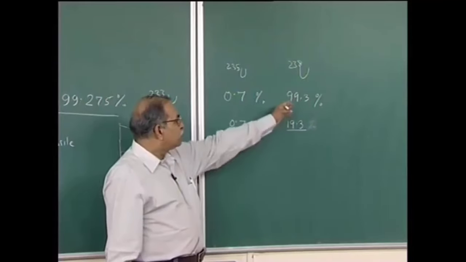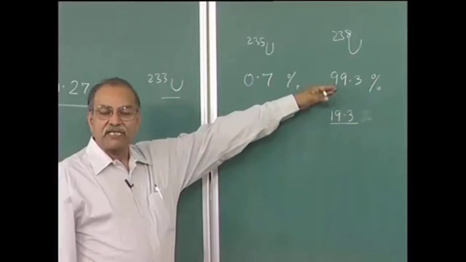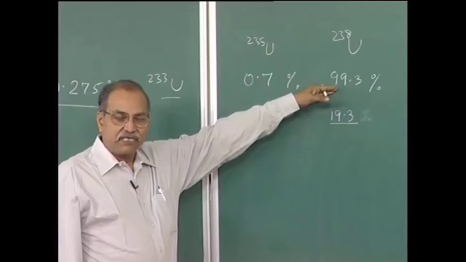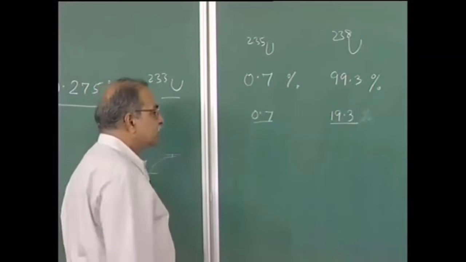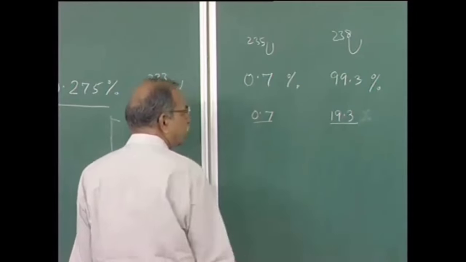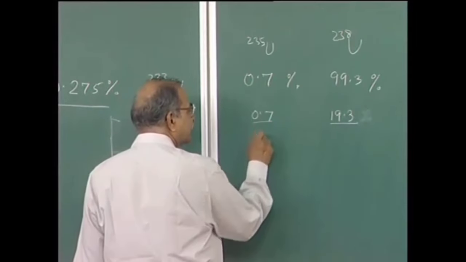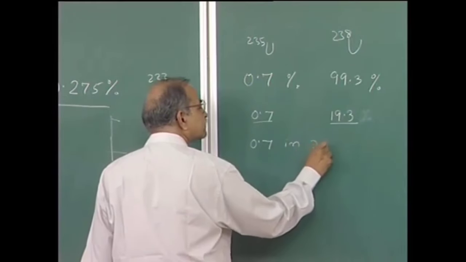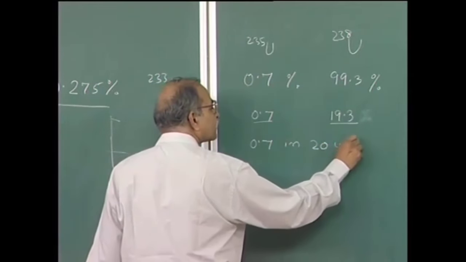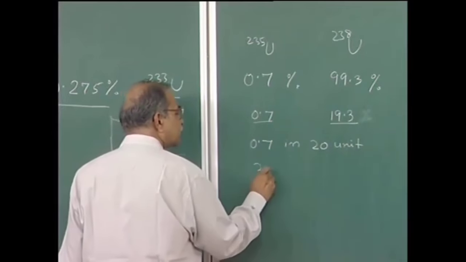Okay. So, if you remove 80% of the uranium 238 species, you get this composition. And how much is the percentage of this? This total is 20, and out of this 20, 0.7 is here. So, 0.7 in 20 units. So, 5 times of this, 3.5%.